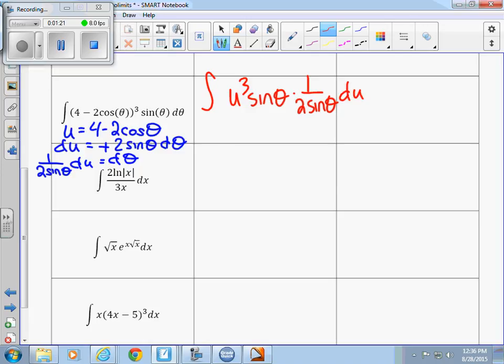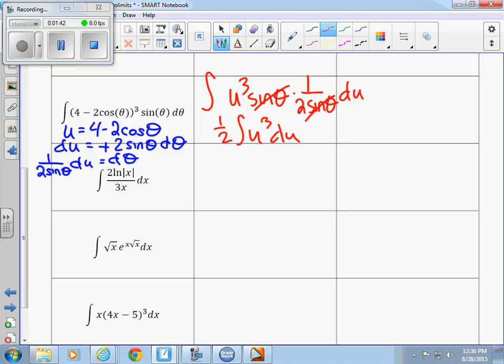Any questions so far? It was a good choice for you because du showed up again, right? In that big U, du sine of theta showed up again. Therefore, the sine of thetas cancel. And this is 1/2 the integral of u cubed du.